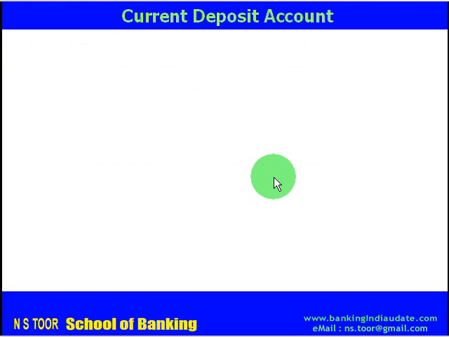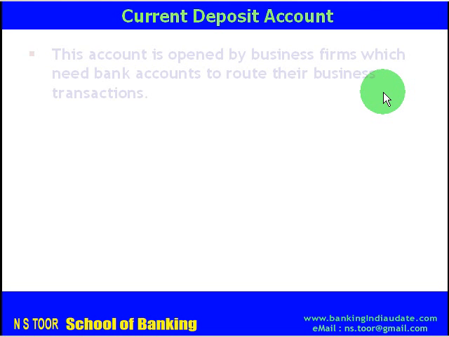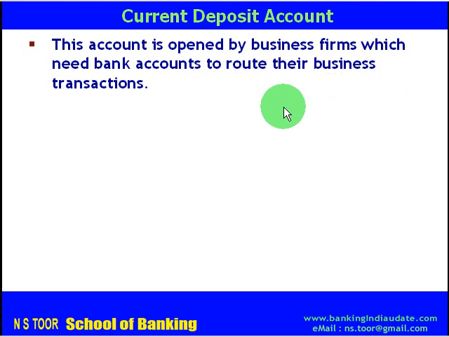Now we shall have a look at these deposits one by one. First of all, we are discussing current deposit accounts. This type of account is opened by business firms because business firms need bank accounts for routing their financial business transactions.